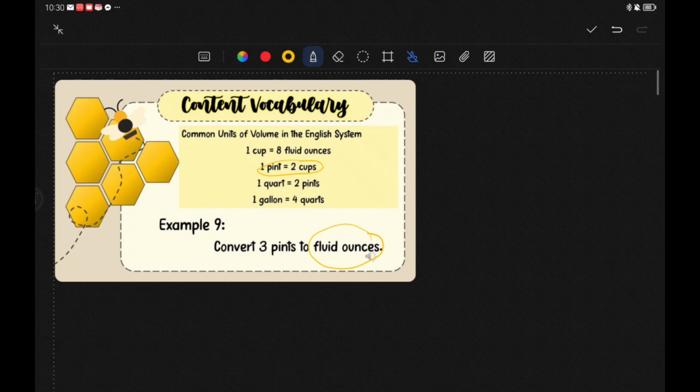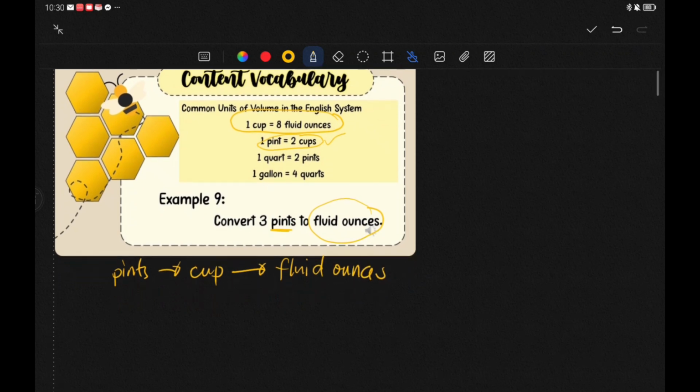First, we are going to use this one, and the second one will be this one. We are going to convert first pints to cup, and cup to fluid ounces.